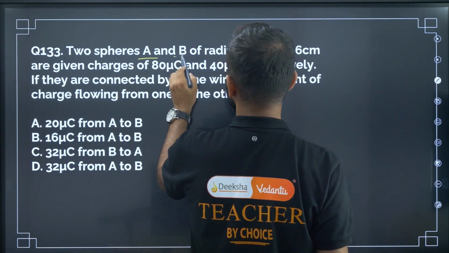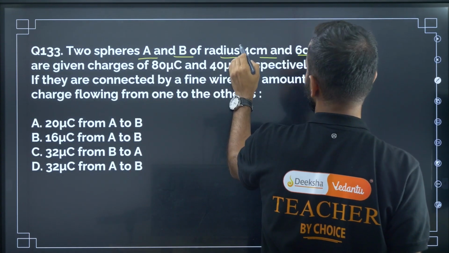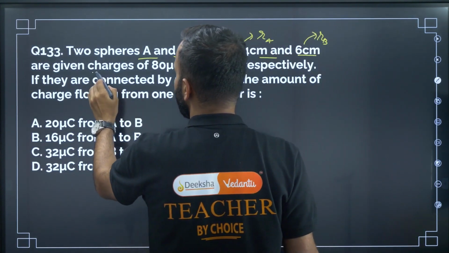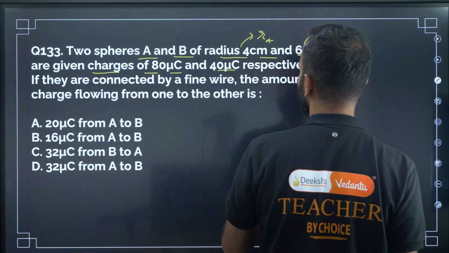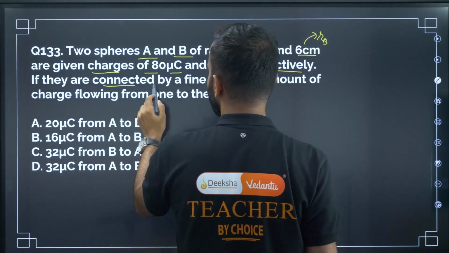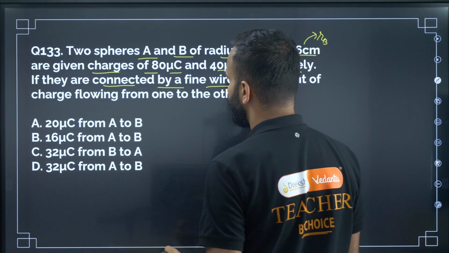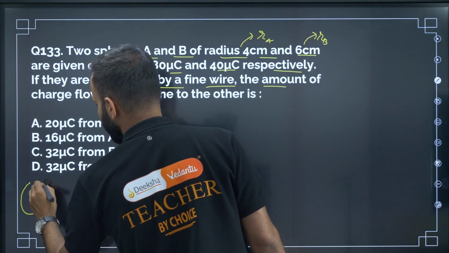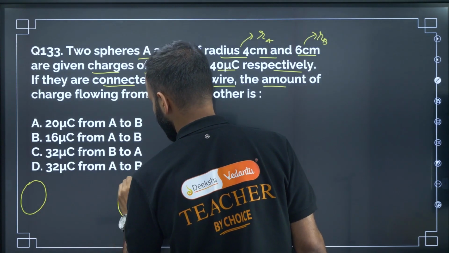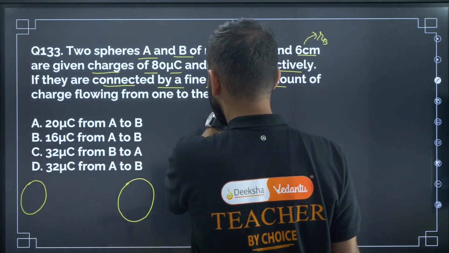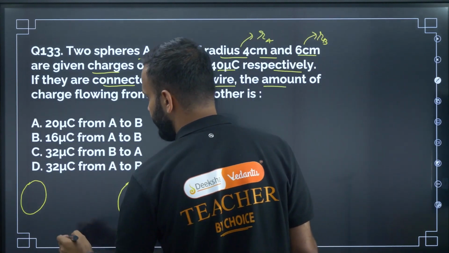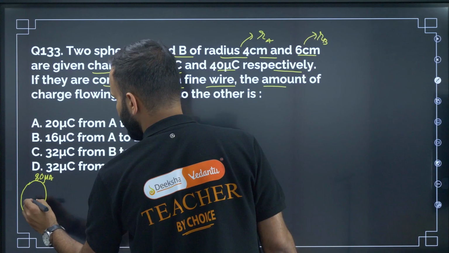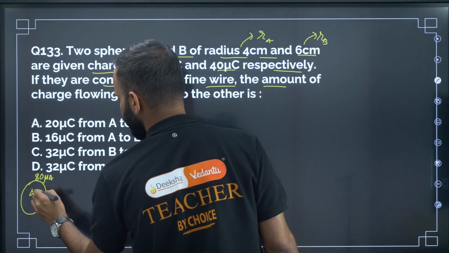Two spheres A and B of radius 4 centimeter and 6 centimeter, here RA equal to 4 centimeter, RB equal to 6 centimeter, are given charges of 80 microcoulomb, 40 microcoulomb respectively. If they are connected by a fine wire, the amount of charge flowing from one to other is. Okay, so here two spheres of radius 4 centimeter and 6 centimeter. Initial charge on sphere A is 80 microcoulomb, the radius is 4 centimeter.